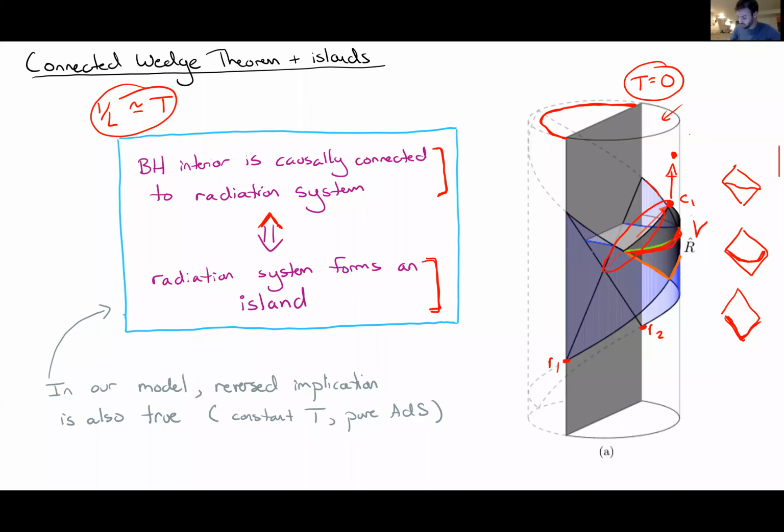But the arrangement of all the parts is still the same. It's just that V would be larger and this point would be up here. Okay, but you never run into a contradiction where you need V to be bigger than it can be on the boundary. So you don't leave the Poincaré patch ever, I guess is what I'm asking.